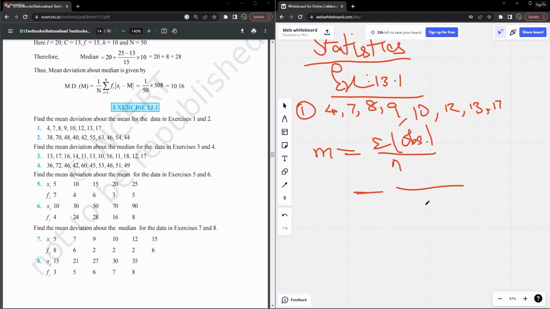We know that the number of observations is 8, and the sum of observations is 4, 7, 8, 9, 10, 12, 13, and 17. That's going to be 4 plus 7 is 11, 11 plus 8 is 19, 19 plus 9 is 28, 28 plus 10 is 38, 38 plus 12 is 50, 50 plus 13 is 63, plus 17 we get 80 over here. And 80 divided by 8 is basically equal to 10. That's it.